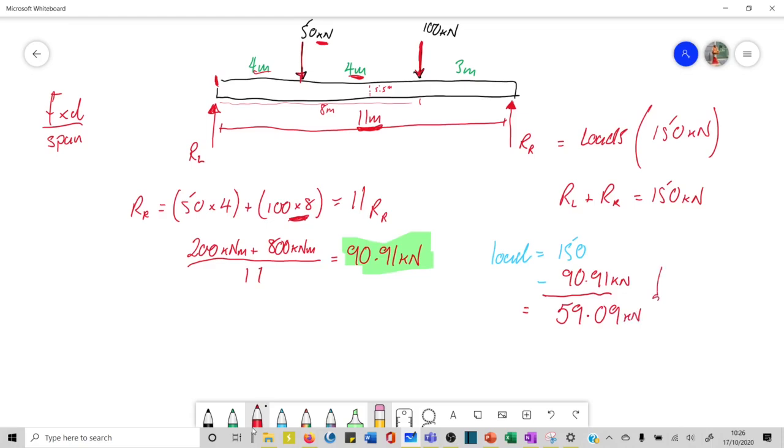And if we add both of them up, again that equals 150. So obviously both reactions must add up to the total load.